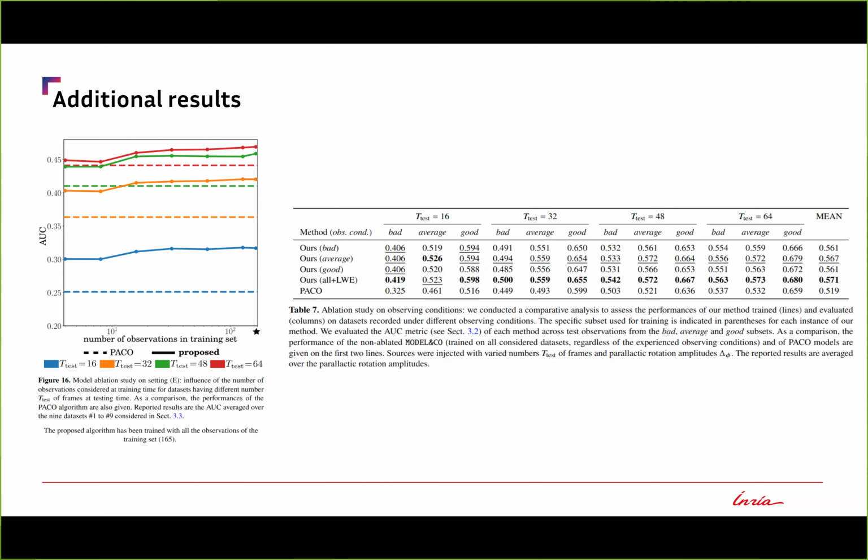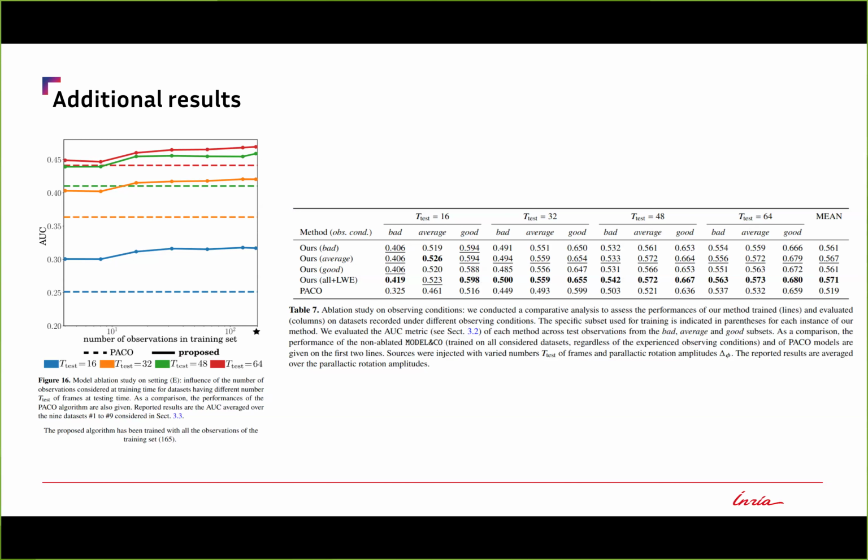Then we can invert this curve so that every SNR means the same thing as for PACO. So yes, it's embedded into the detection score, the probability of false alarm. Okay.